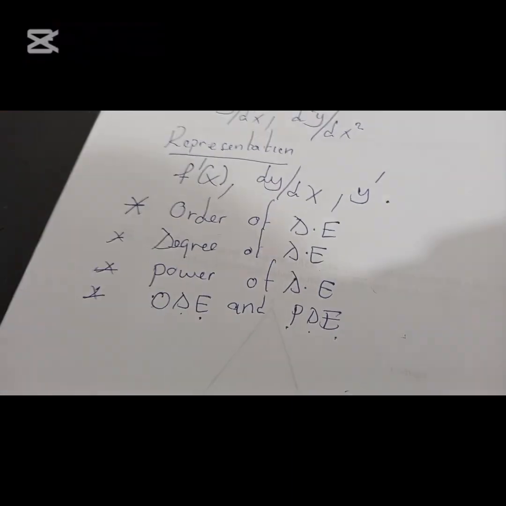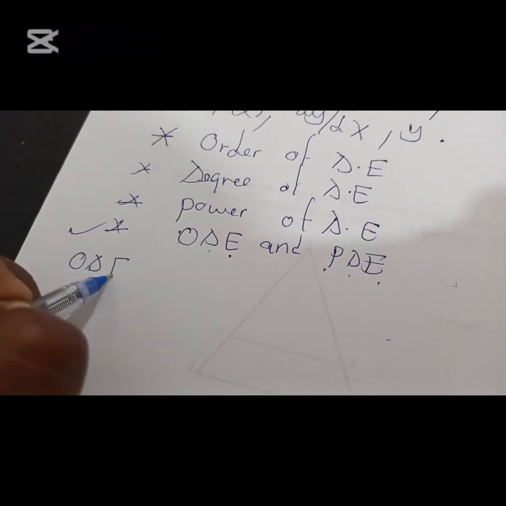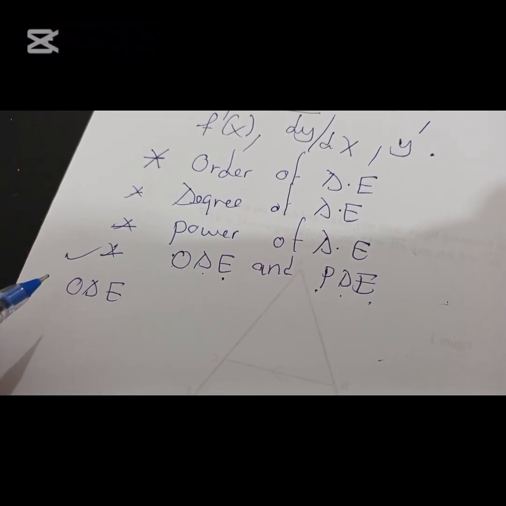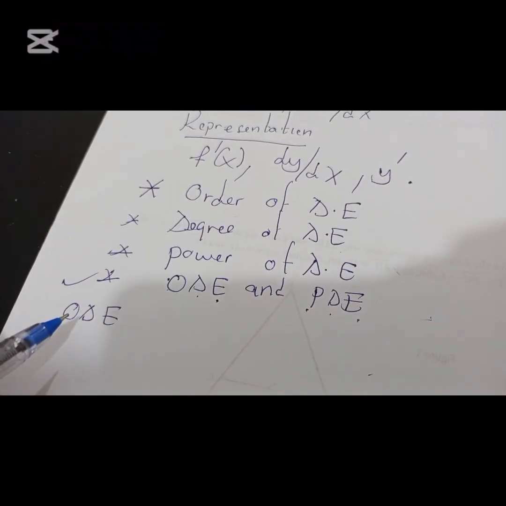Now, let's begin with this. ODE means that it contains derivatives with respect to only one independent variable.